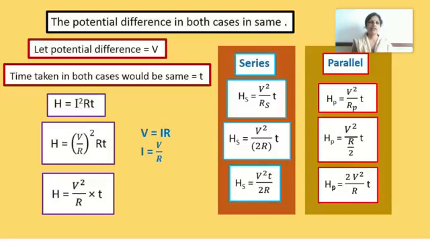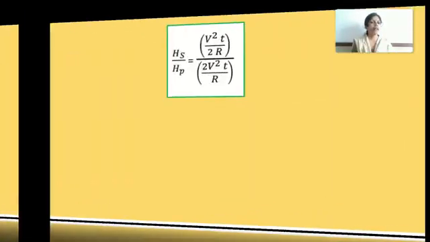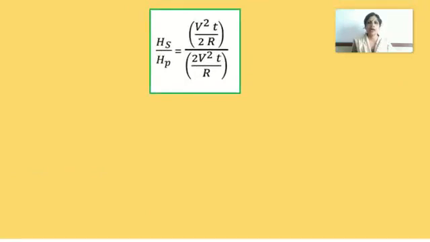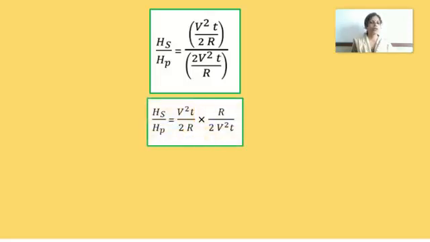To find the ratio, it is HS/HP. Let us substitute the values which we have already got. Now let's reverse the ratios. So it is V²T/2R into R/2V²T. So we can cancel V², T, T, R and R. So we are left with HS/HP = 1/4.